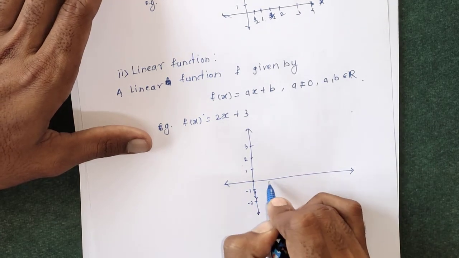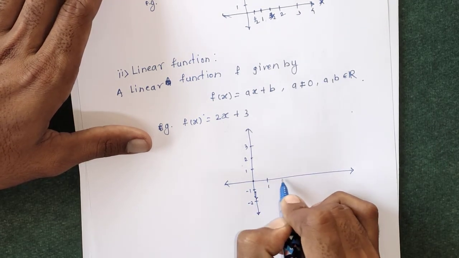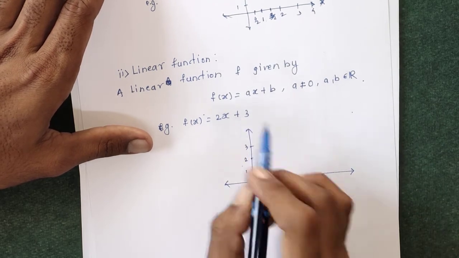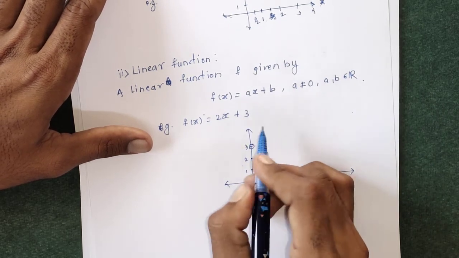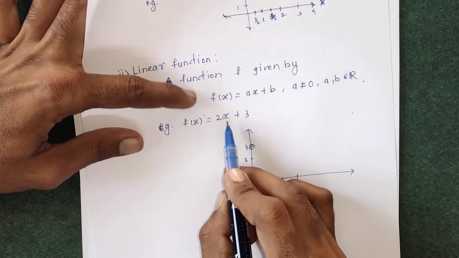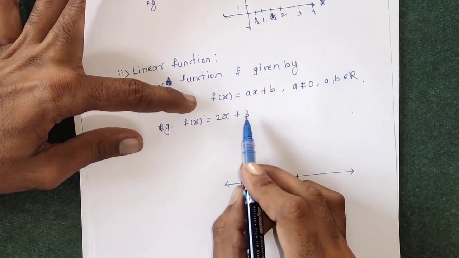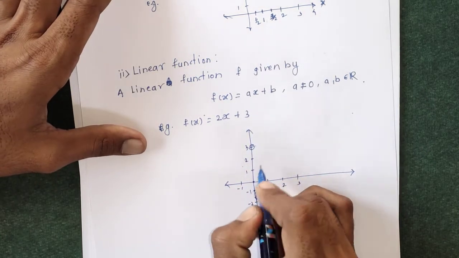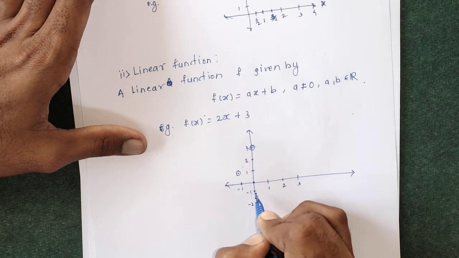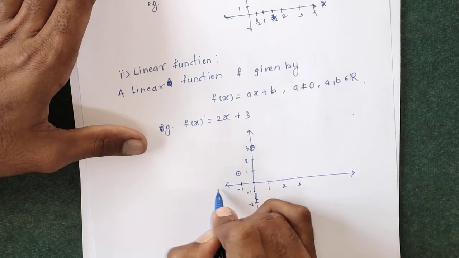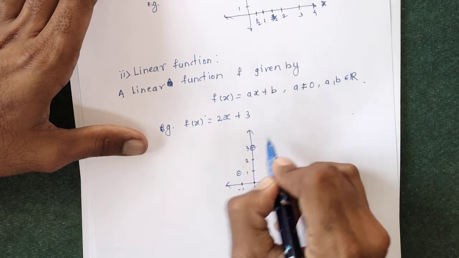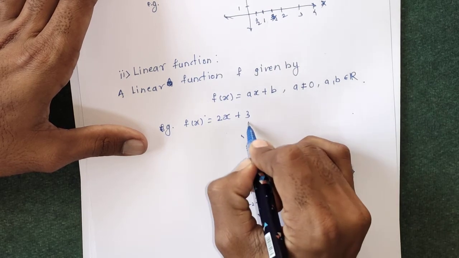Then f of 0 is 0 plus 3, which is 3. f of minus 1 is minus 2 plus 3, which is plus 1. f of 1 is 2 plus 3, which is 5.